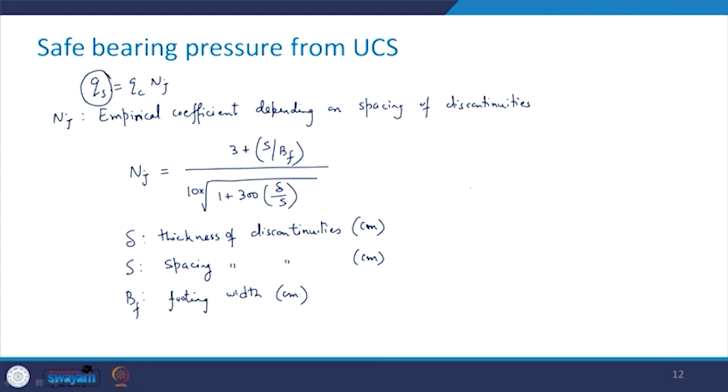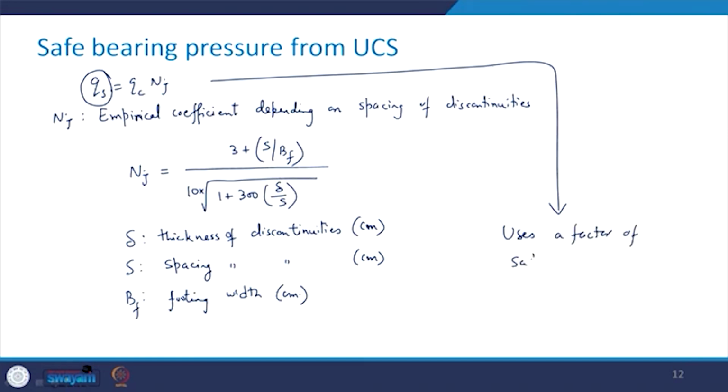So this particular equation uses a factor of safety of 3. Please remember this, because the safe bearing pressure is the ultimate bearing pressure divided by the factor of safety. So basically this equation uses a factor of safety of 3.